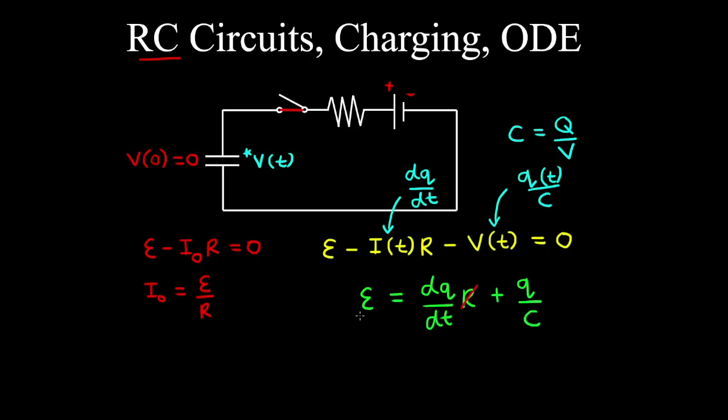So if we divide through by R and separate the variables, so basically we'll multiply this first term by the capacitance.